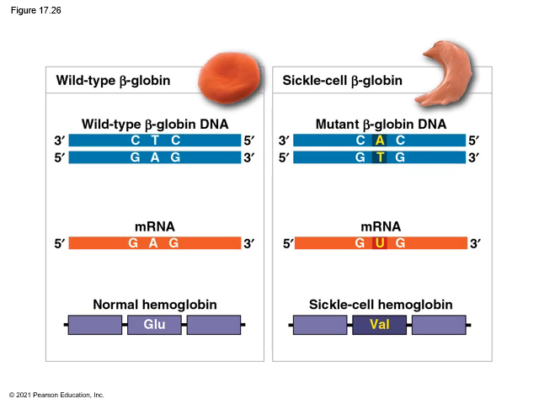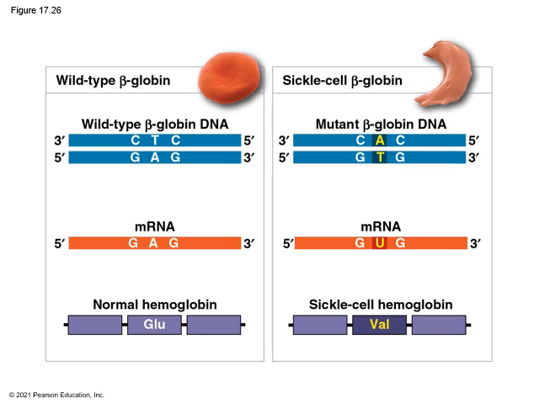calling for glutamic acid. But that change in the messenger RNA from GAG to GUG gives you valine.